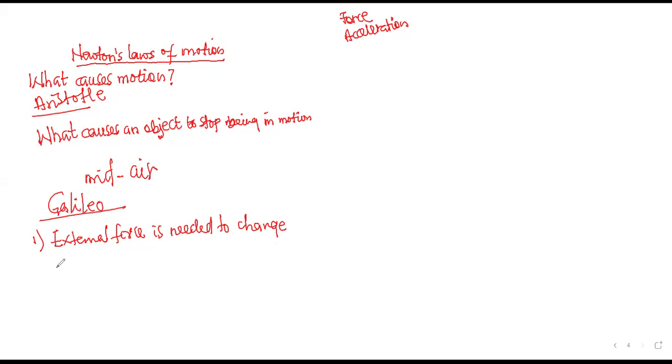Two, external force will also be needed to change the direction. So change speed, and changing speed has to do with increasing speed or decreasing speed. And the same external force is also needed to change direction.